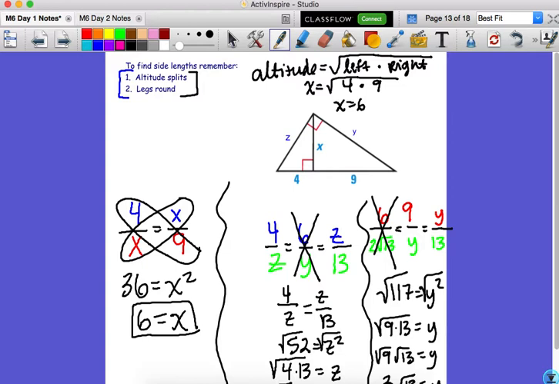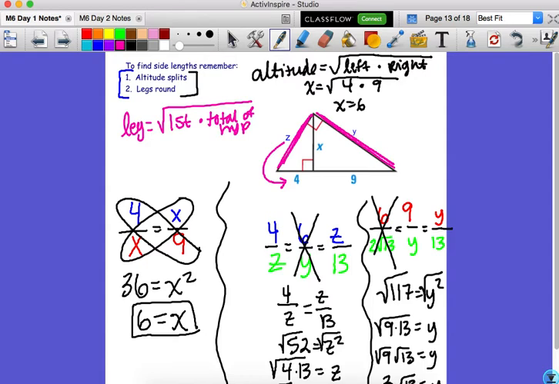And legs round says whichever of the two legs of this right triangle you're looking for will always have a pattern that says the leg equals the square root of the first number that you hit as you round the corner, right? Legs round times the total of the hypotenuse.